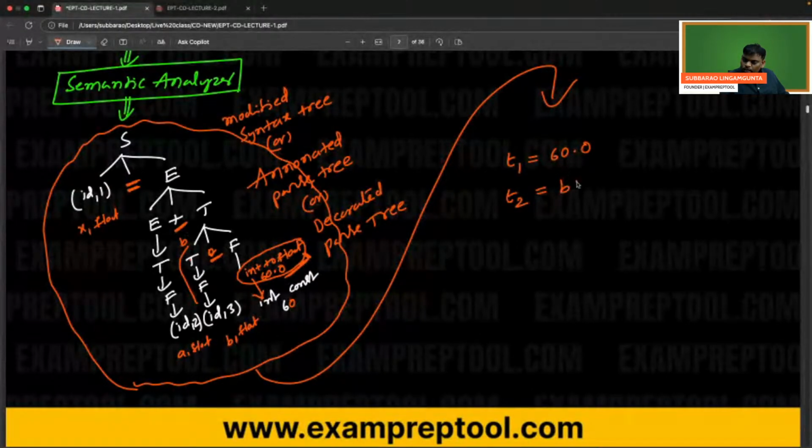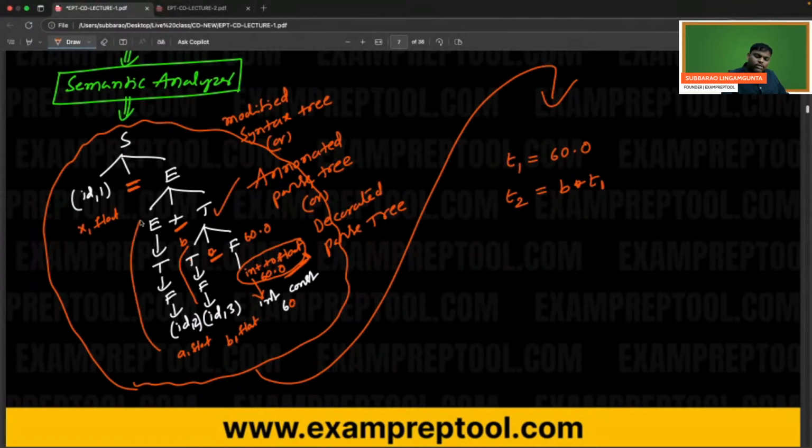So B into T1. This is done, so T2 came. Now the next one, from the left side A came. This is T2.